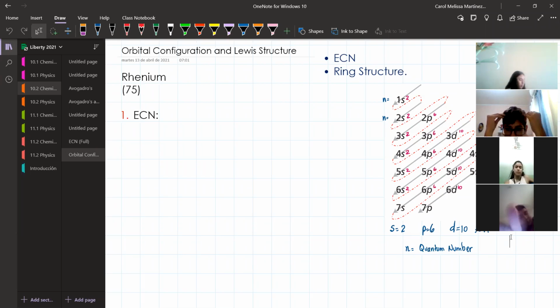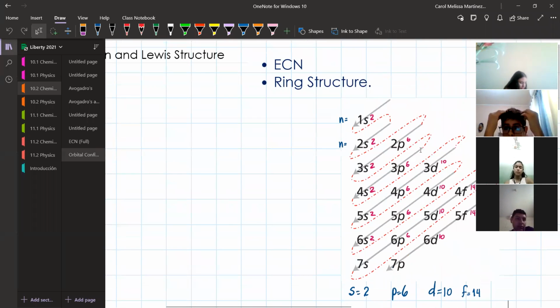Okay, I'm gonna leave it there. It's very weird that we go to the orbital 7. It's very weird if we do that. So I'm gonna be using just 6. Remember, this number 1, 2, 3 up to 7, it's called n, and n is just the quantum number. Okay. So how are we gonna be doing this?